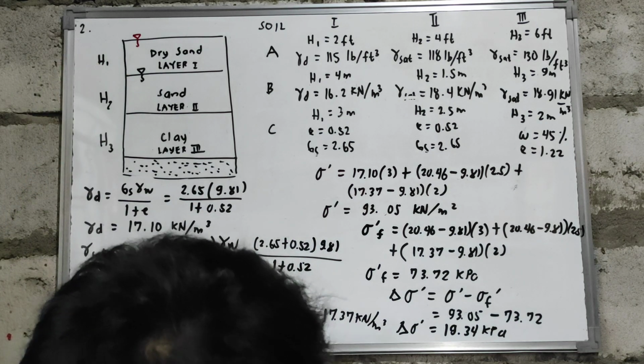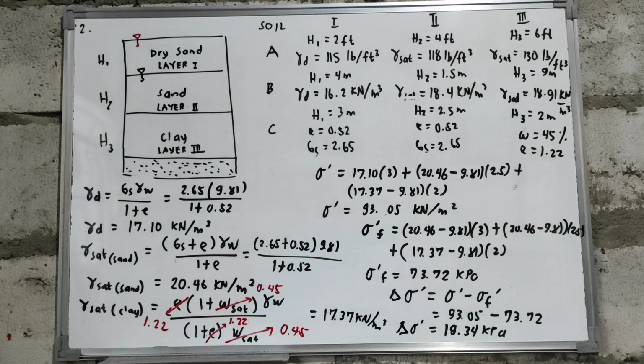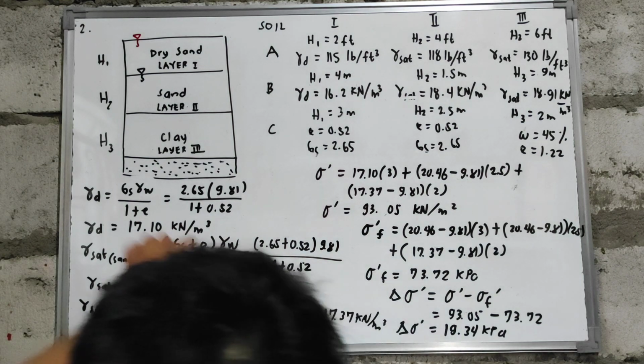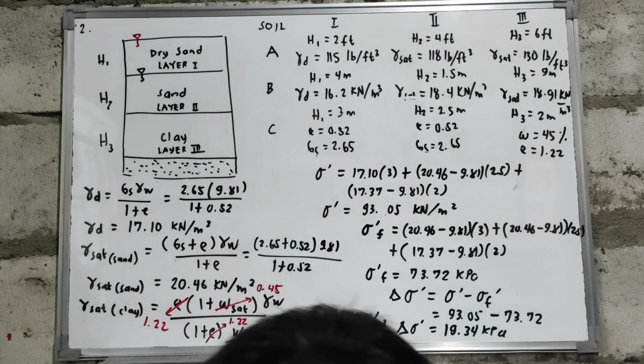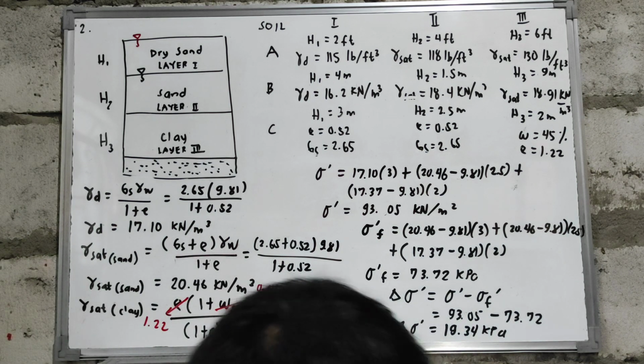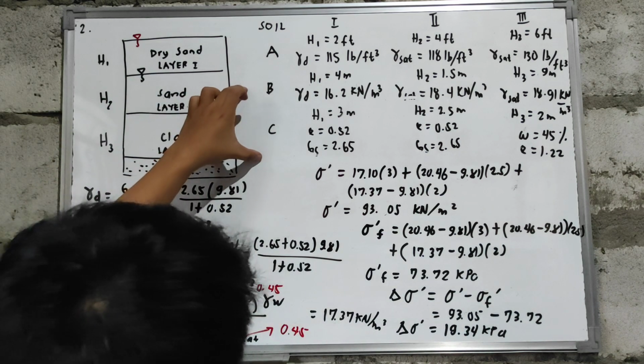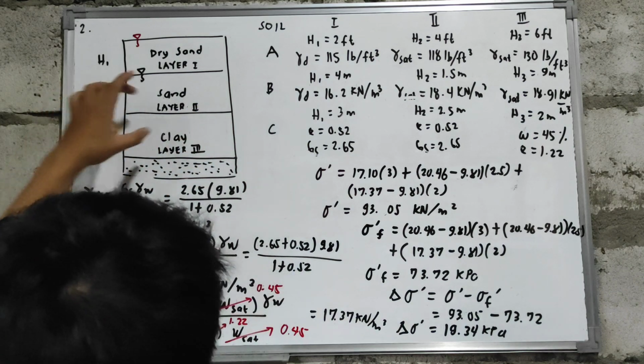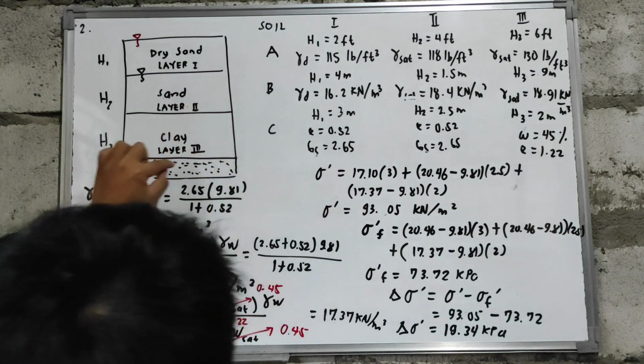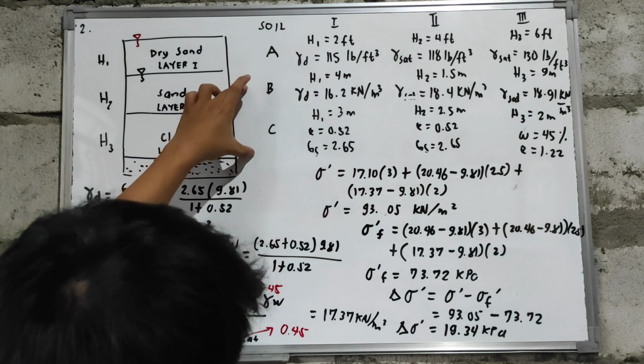So from 93.05, i-increase daw natin yung stress natin dito sa bottom ng clay layer natin ng 100 kPa. Yung tanong dito is, gaano kalayo yung groundwater table natin from the bottom of your clay layer?